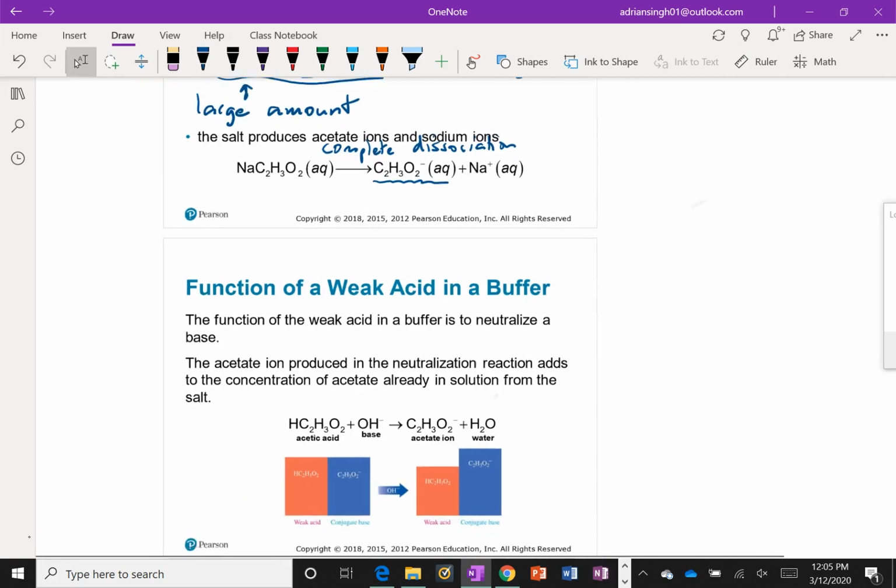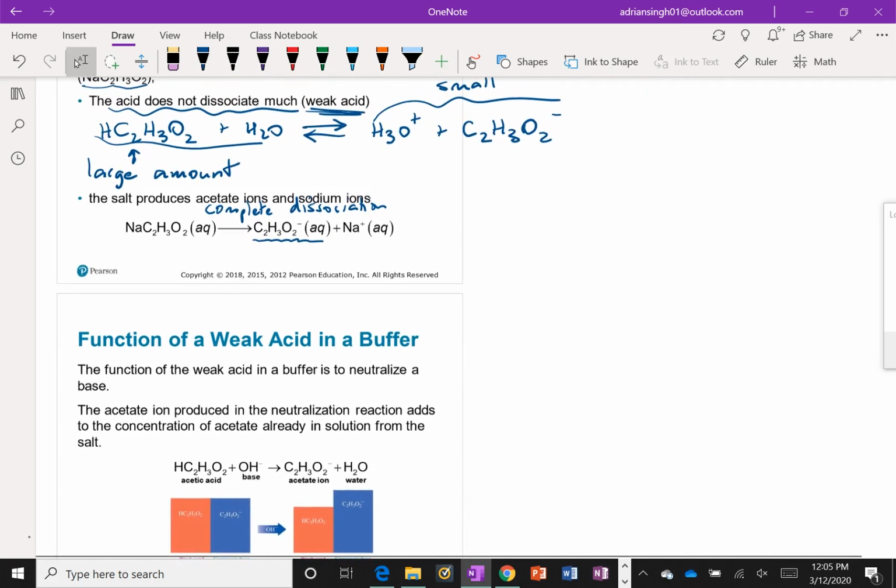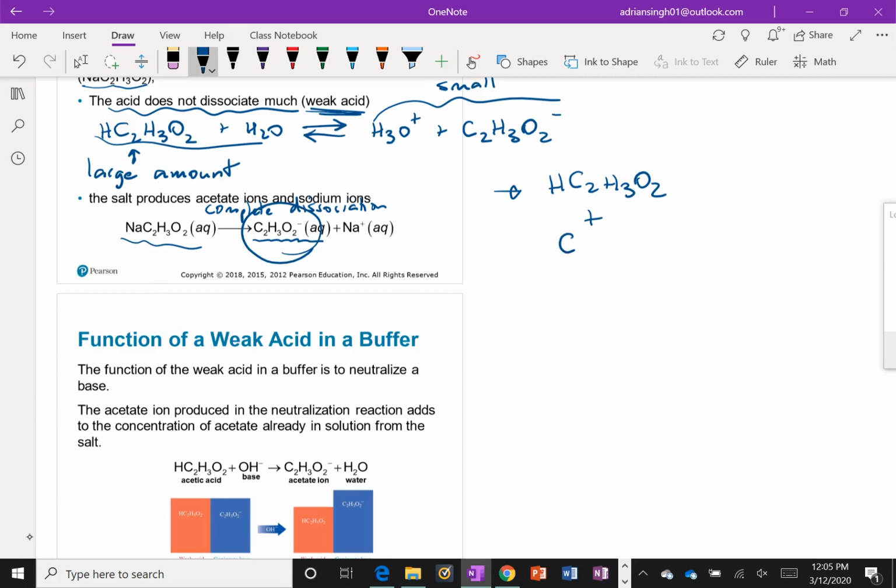All right, so what that means then, as a result of having these two components, is the buffer is going to have a large amount of the weak acid, in this case acetic acid, HC2H3O2, and because the salt breaks apart completely, we're going to have a large amount of the conjugate base, C2H3O2-.